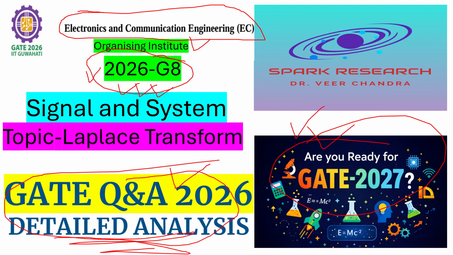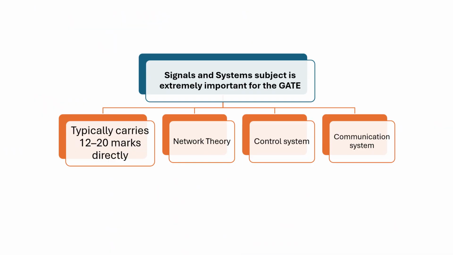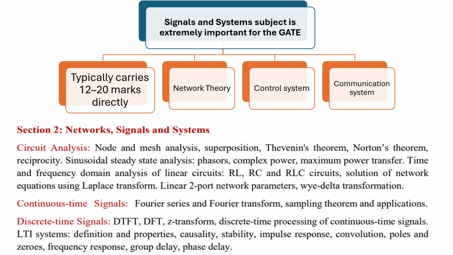In this session, we are going to take the questions from this particular course, that is signal and system. This question particularly belongs to the Laplace transform. So here is the overview of the syllabus, for network, signal and system. Currently we are going to focus on the questions related to signal and system, which can be divided into continuous and discrete.